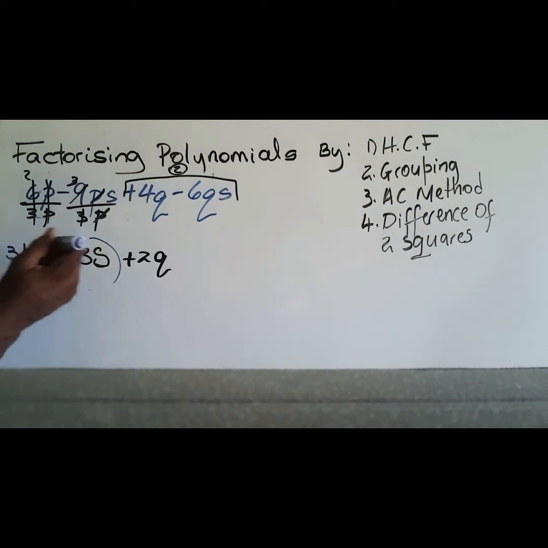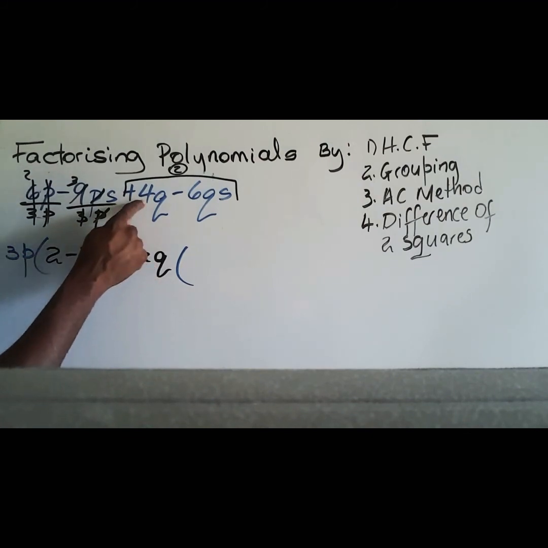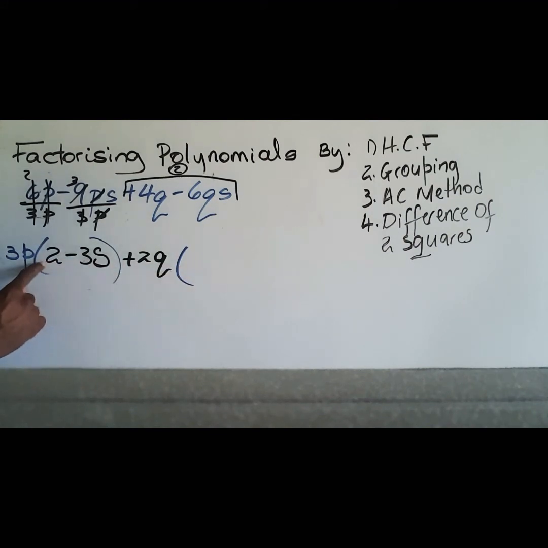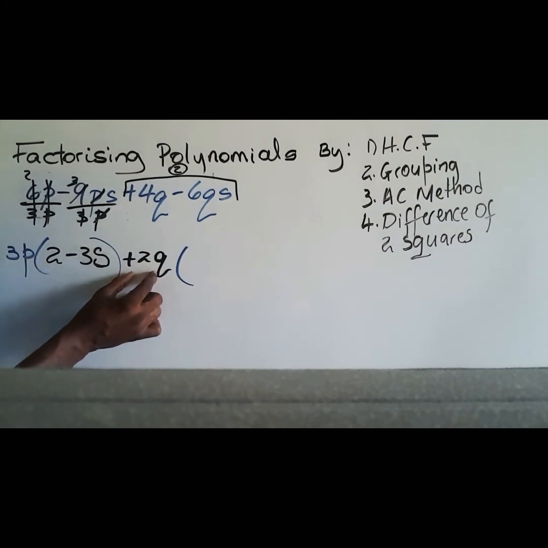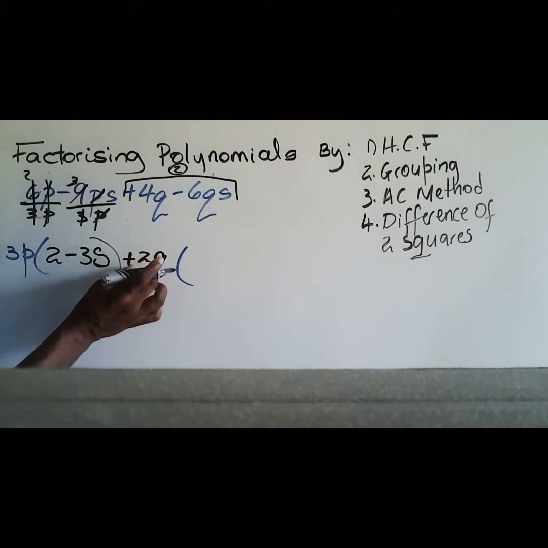And why am I using positive 2Q is because if I use negative 2Q and divide negative 2 into positive 4, I will get a negative 2. And I don't want a negative 2 because this 2 is positive. So I have to make sure that the factor I choose when I divide, it matches that. So in this case, we're looking at 2Q.